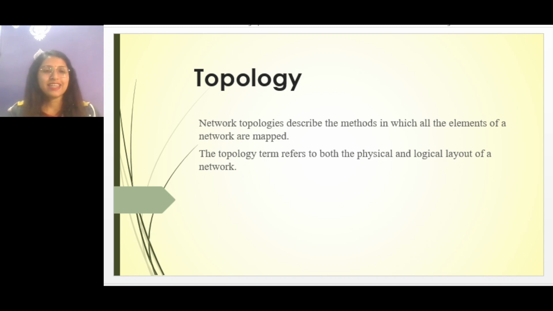We'll study various types of topology in our lecture. I hope that you have understood the word topology. Just remember, topology means how the computers are arranged in the organization in a particular network.